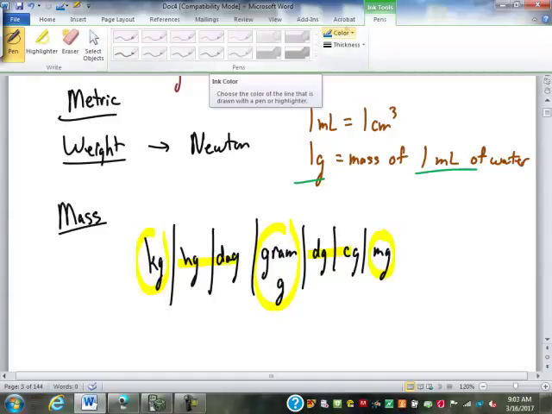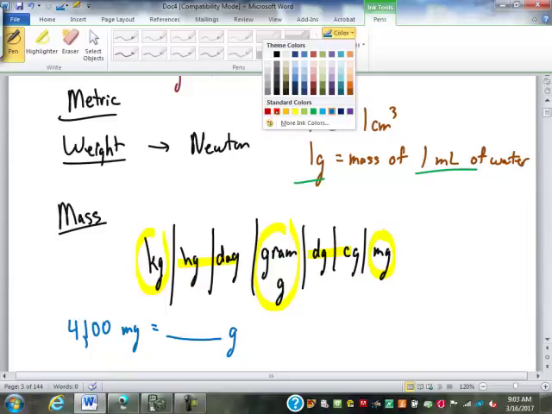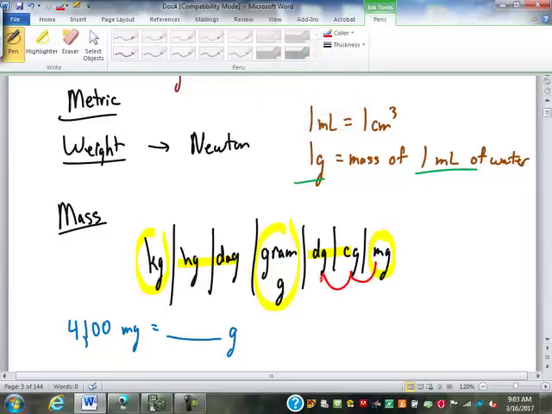And the conversions are exactly the same. If you are given 4,100 milligrams, want to know how many grams that is? Well, milligrams to grams is 3 spots to the left, right? You got it. 1, 2, 3.